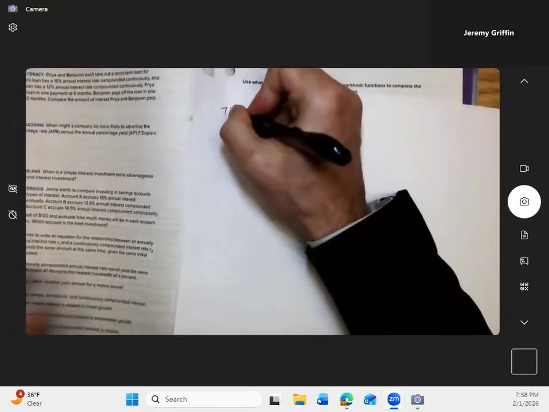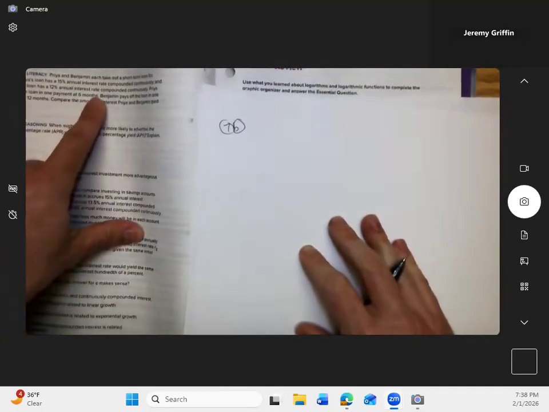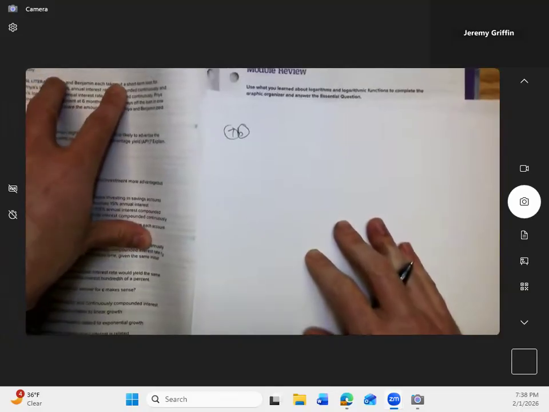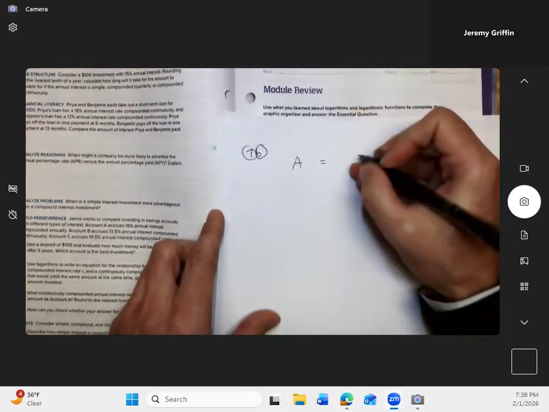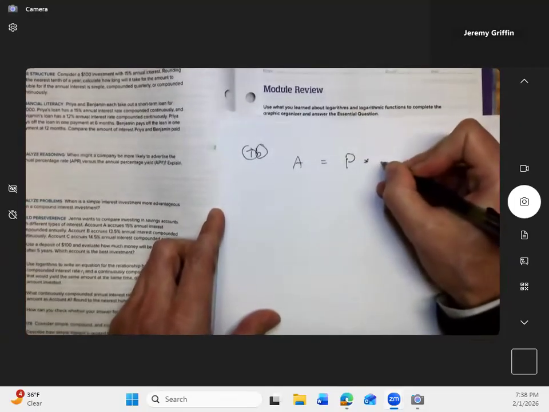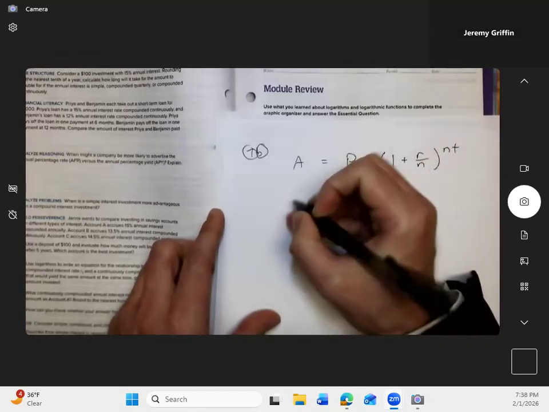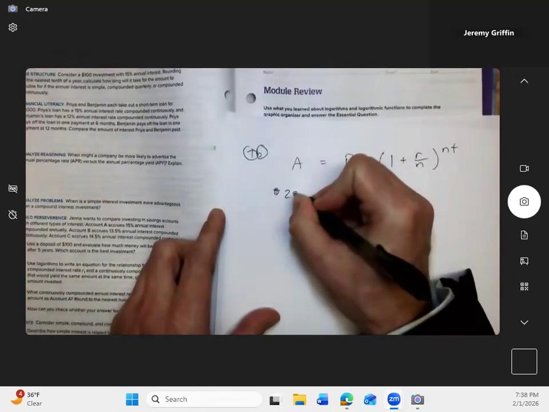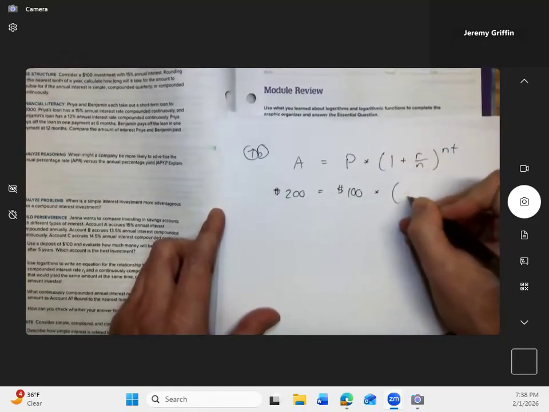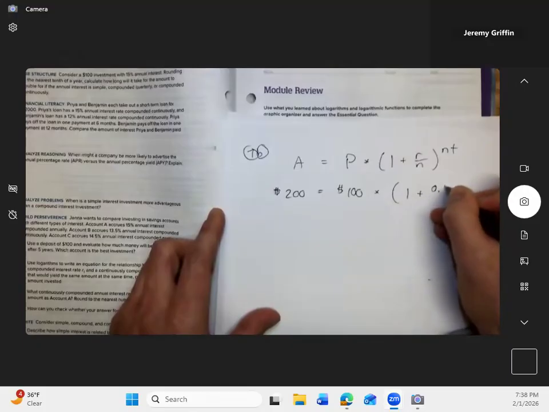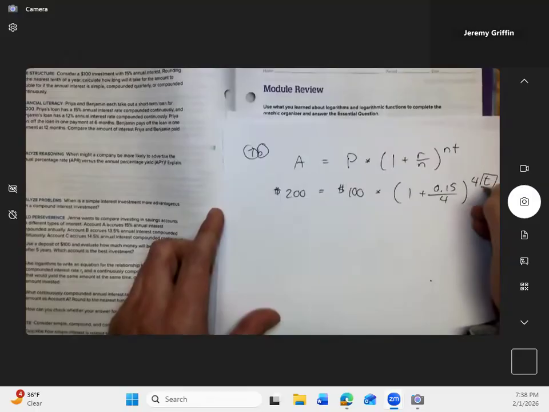Now 7B, where was it? Compounded quarterly. Here, it's compounded quarterly, so the amount is equal to the principal times 1 plus r over n, to the nt. Again, we're aiming for $200, starting with $100. So 1 plus 0.15 divided by 4, to the 4t, is compounded quarterly.